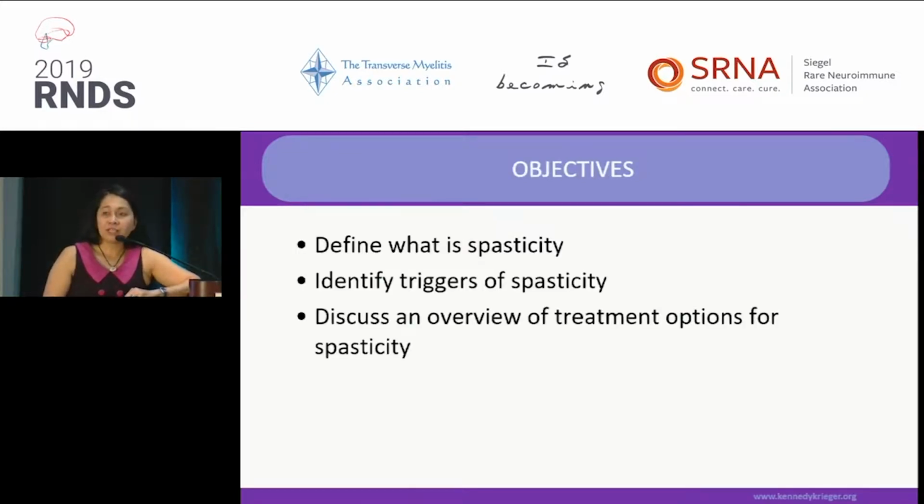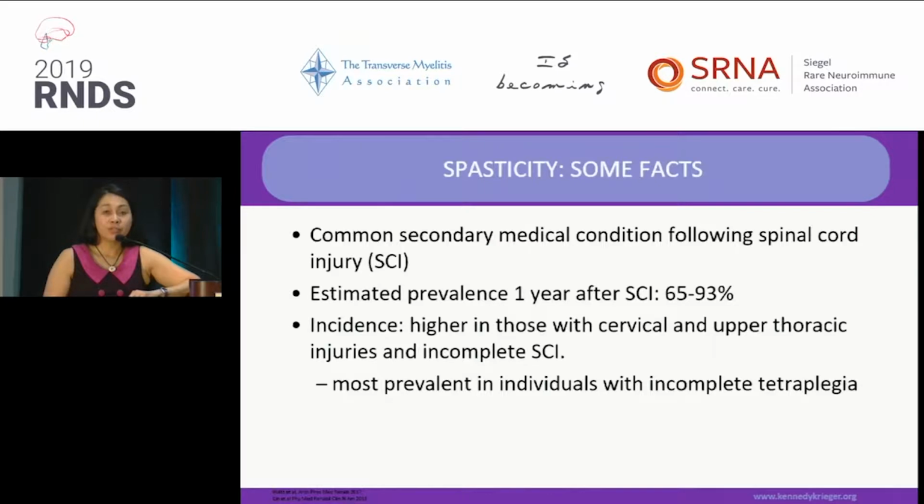The objectives today are, first, to define what spasticity is, identify what triggers spasticity, and discuss an overview of treatment options for spasticity. Let's start with a few facts. It is a common secondary medical condition following a spinal cord injury, or in this case, a spinal cord disease or dysfunction.